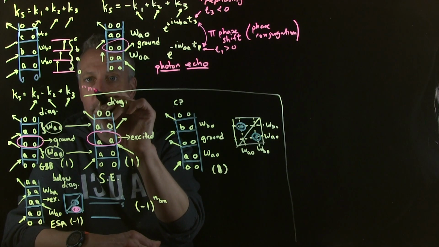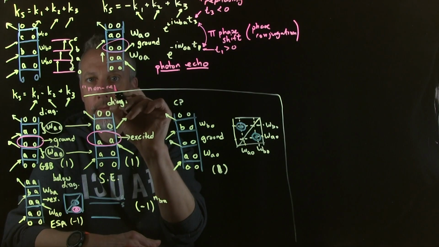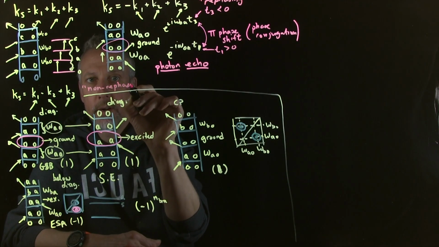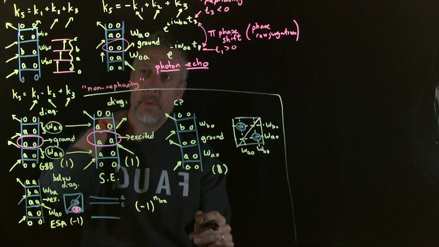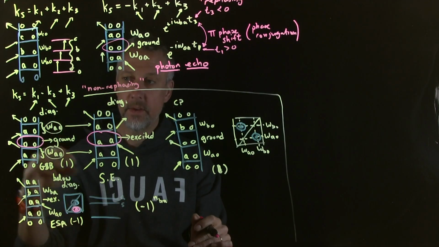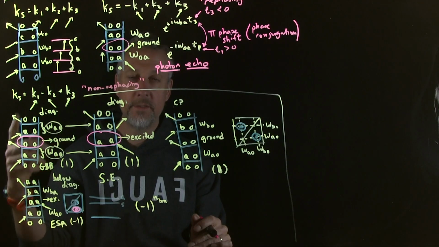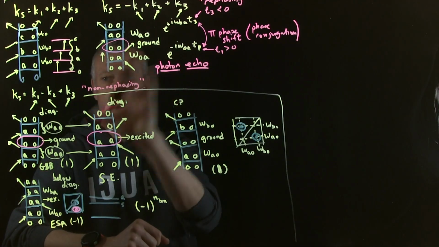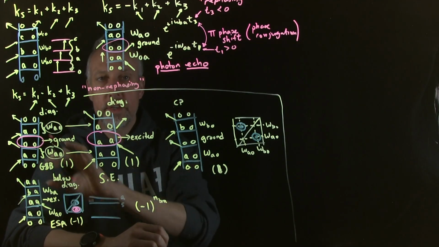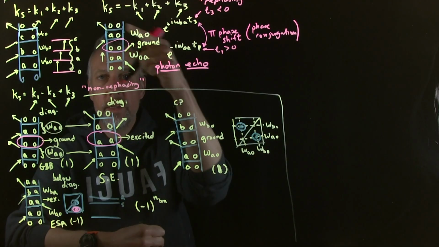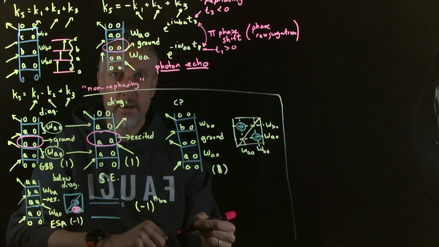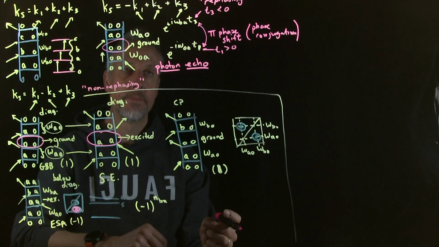We call it non-rephasing, which is frustrating. We could have called it the dephasing pathway, because it only shows us the amount of dephasing that we get. So by subtracting literally the signal you get from this from the signal you get from that, you can actually recover the signal that comes from the reversibility of the dynamics.